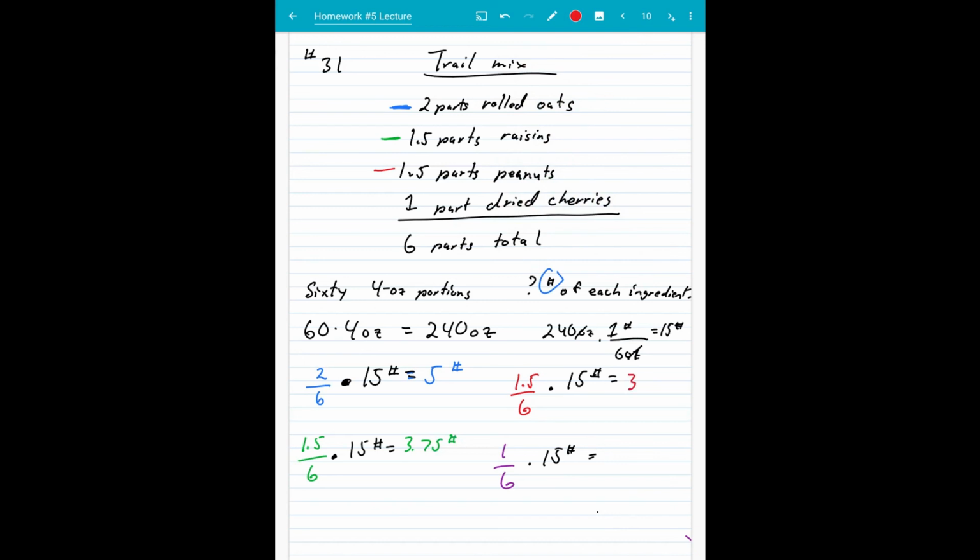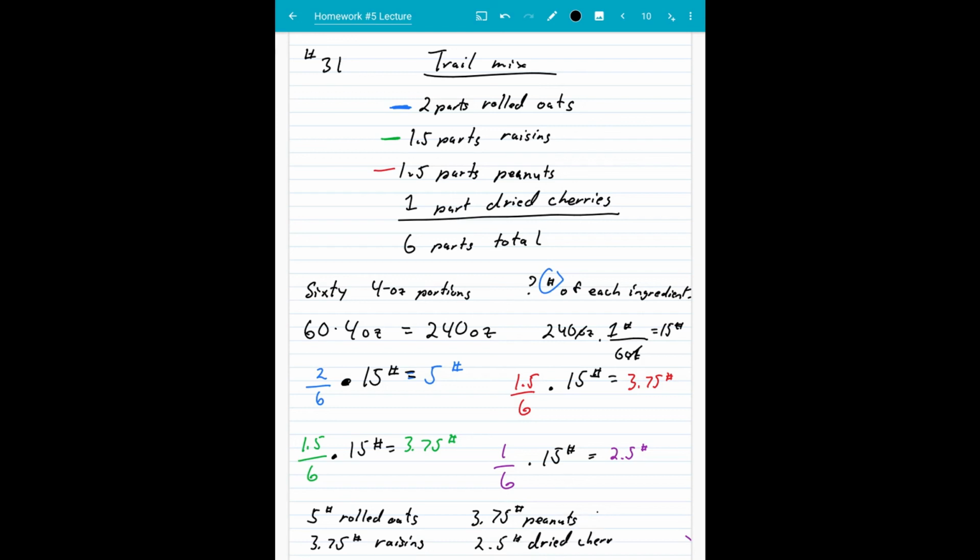This would also be 3.75 pounds. And then for the dried cherries, 15 divided by 6 ends up giving us 2.5 pounds. So our final answer would be 5 pounds of rolled oats, 3.75 pounds of raisins, 3.75 pounds of peanuts, and 2.5 pounds of dried cherries.